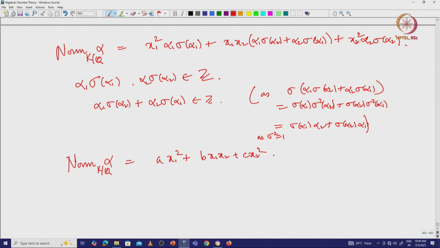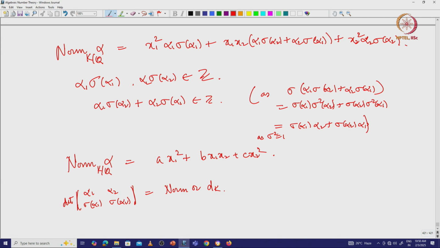So, this looks like a binary quadratic form, is not it, right. But this is not quite the one that we want, because if you look at the determinant of this matrix, alpha 1, alpha 2, sigma alpha 1, sigma alpha 2, this will be the norm of A times the discriminant of K. Why is that?